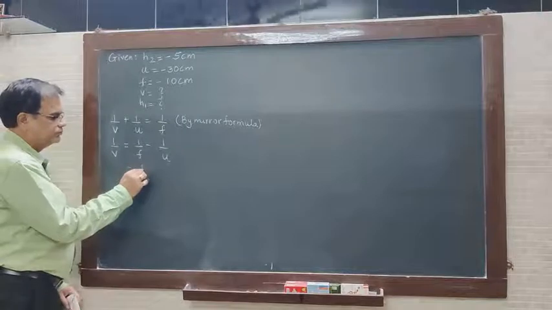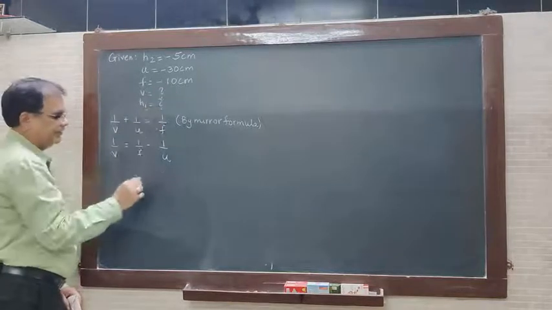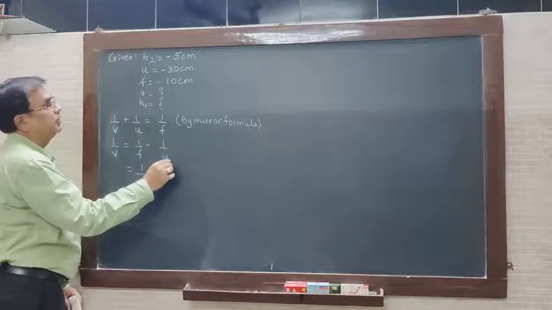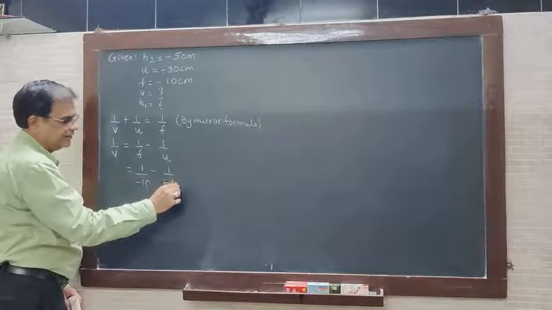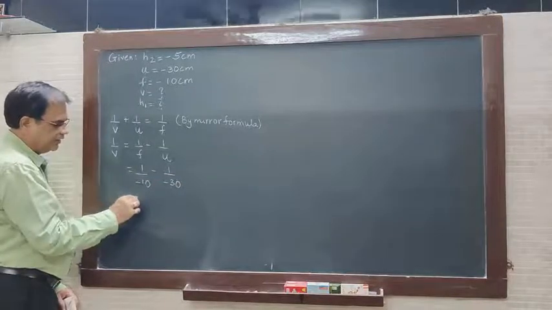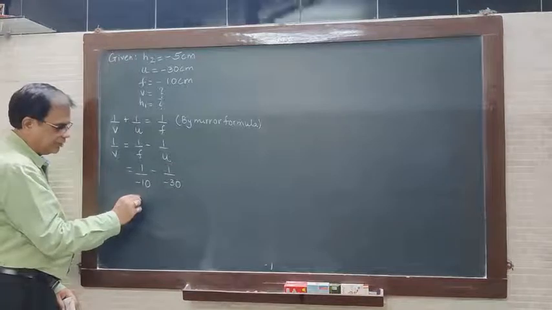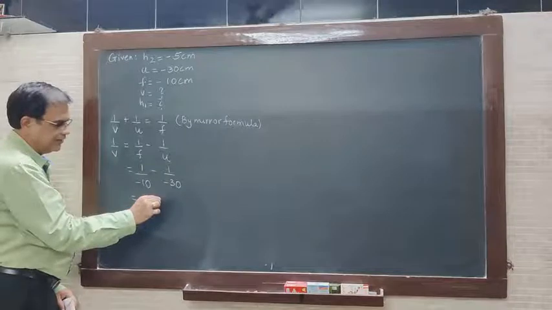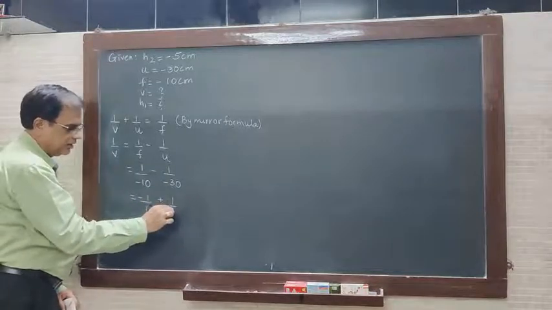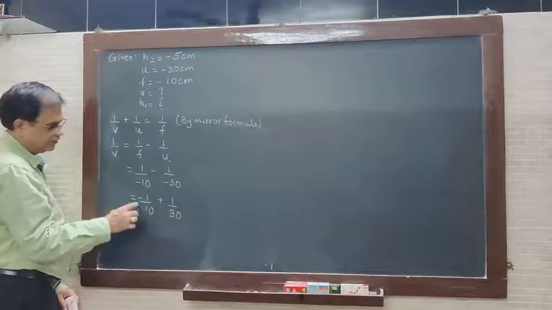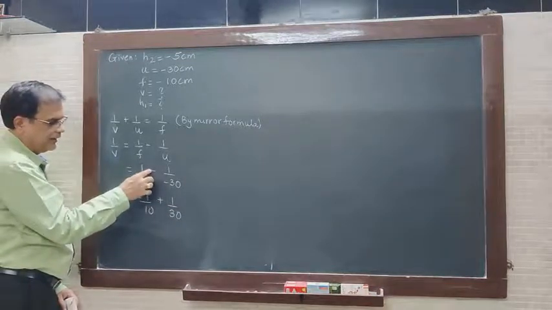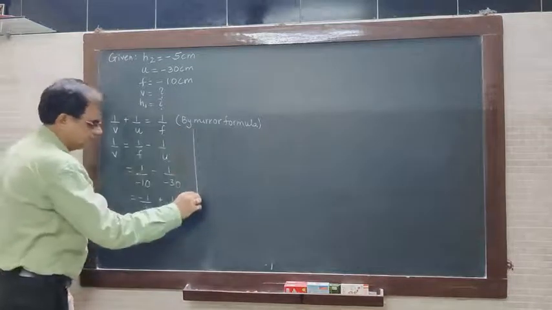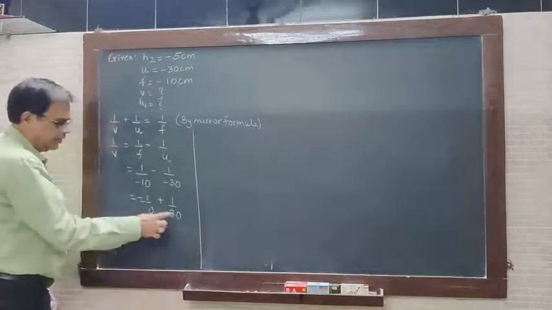This is equal to 1 upon F, which is minus 10, minus 1 upon U, which is minus 30. Now this minus sign I bring up over here. So minus 1 upon 10, minus into minus will give me plus 1 upon 30. Now I will cross multiply.